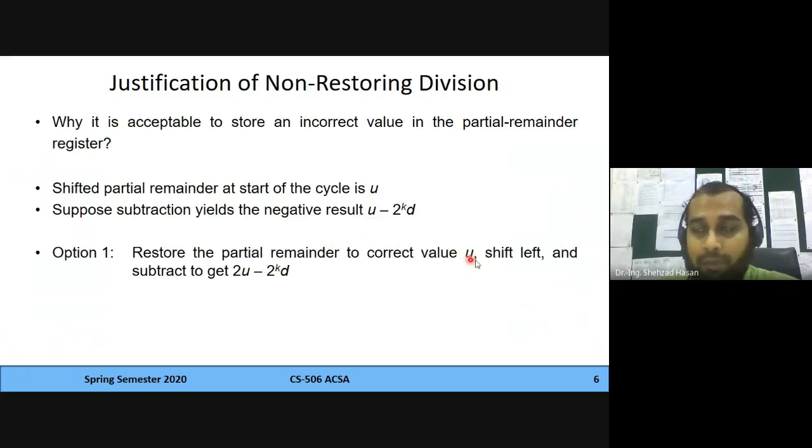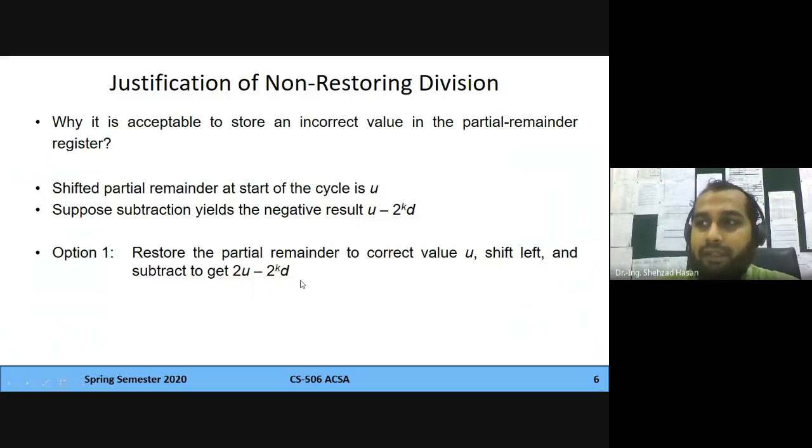In the next step, we shift left, so u becomes 2u, and then subtract to get 2u minus 2^k d. So in each step, we are doing a trial subtraction of 2^k d. If you get a negative answer, you correct the value. That's the restoring part. In the next step, you shift left and again do a trial subtraction, getting 2u minus 2^k d.